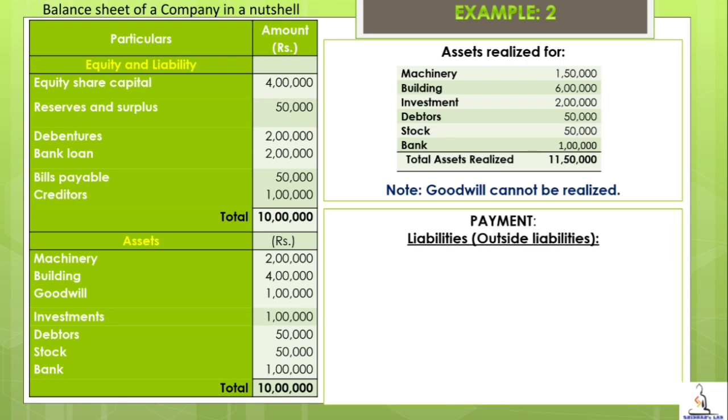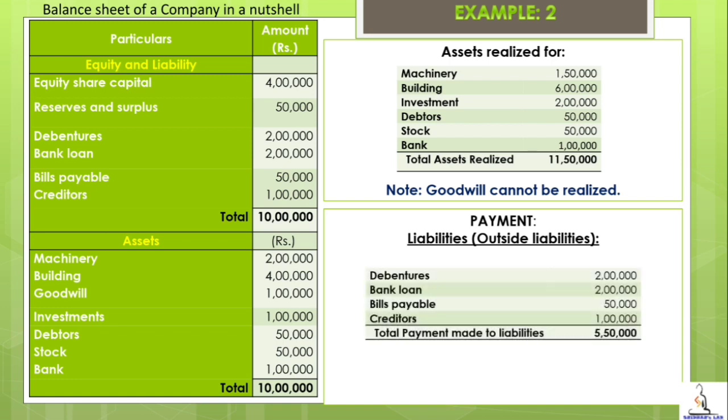So now if they initiate payment by utilizing that 11 lakh 50,000, first they have to pay outside liabilities. So the debentures are paid 2 lakh, bank loan is paid 2 lakh, bills payable 50,000 are paid, creditors 1 lakh has been paid. So the total payment made to liabilities is 5 lakh 50,000.